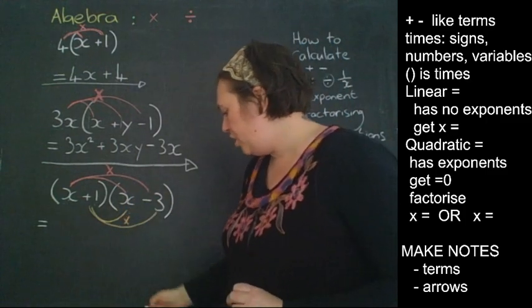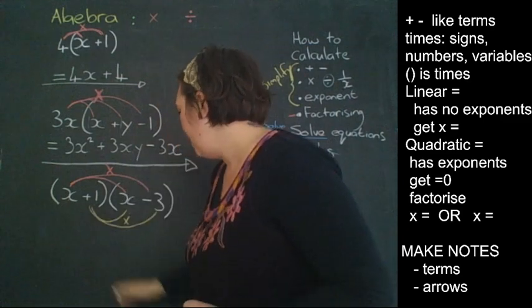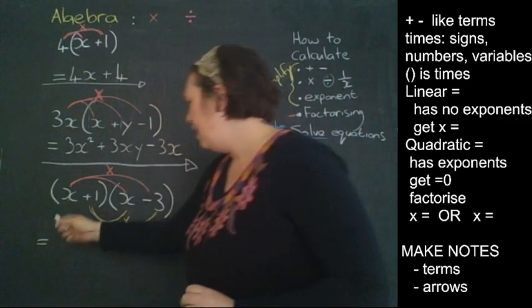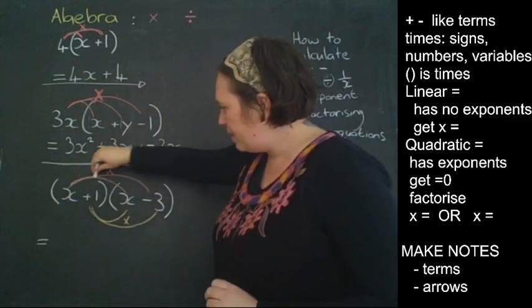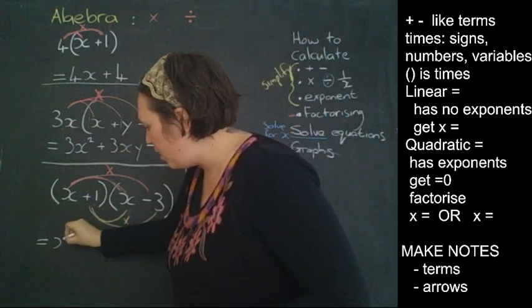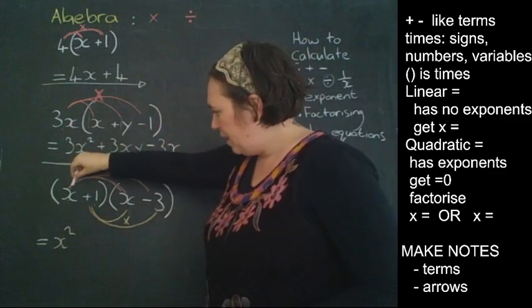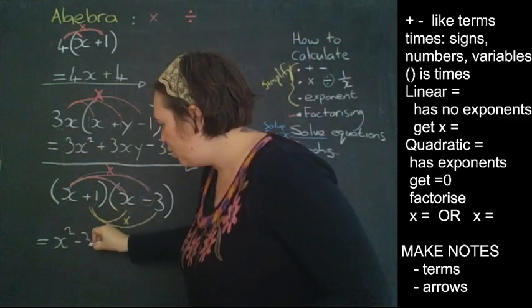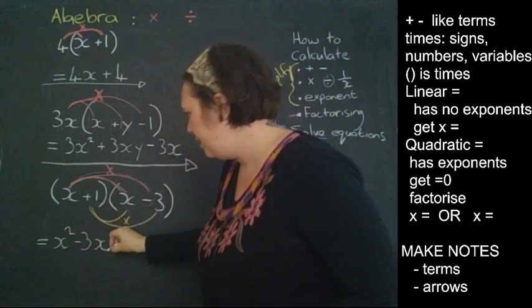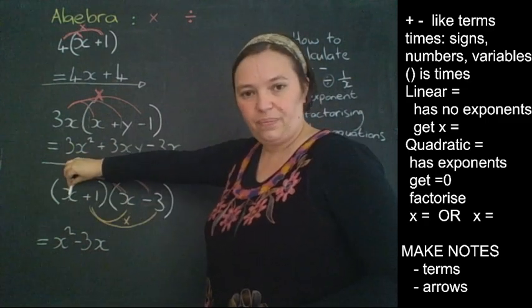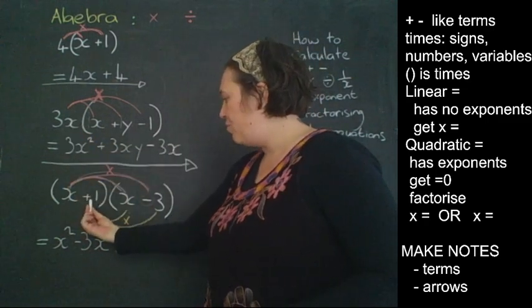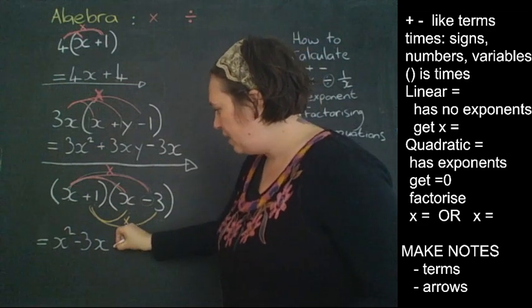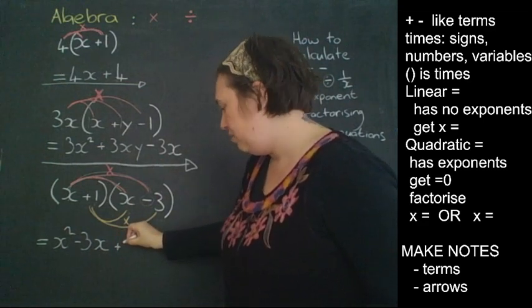So we start, I'm just going to write my equals a bit lower. So we start here, x times x is x squared. X times minus 3 is minus 3x. So now we're done with this one. Here we've got 1 times x is 1x.